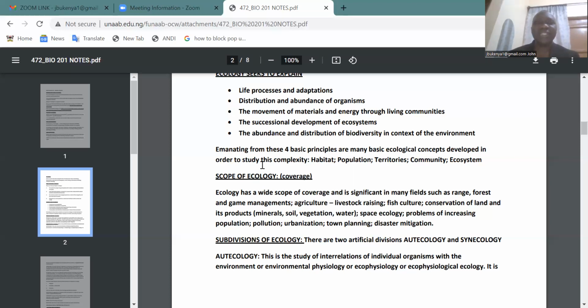So territoriality is mainly an animal behavior, that an organism will defend a territory. It is mainly the male organisms that defend a part of a habitat and guard the resources in it, resources like food, space, the mates, against intruders, against invaders, against strangers. That is known as territoriality.